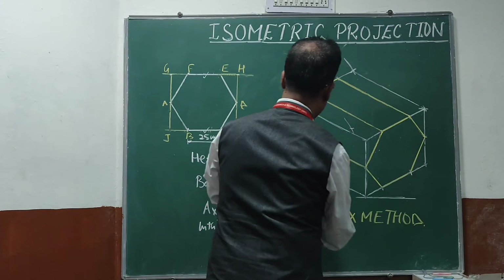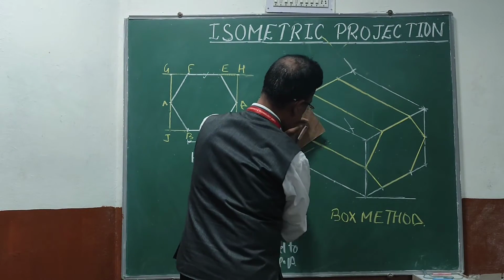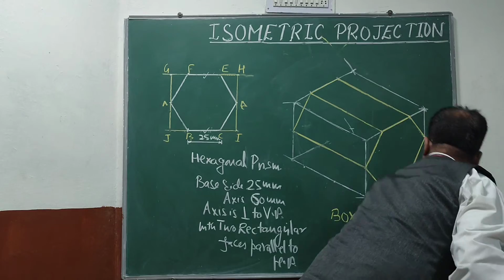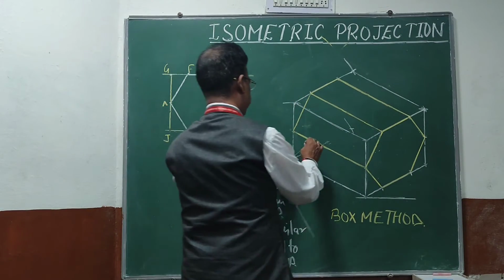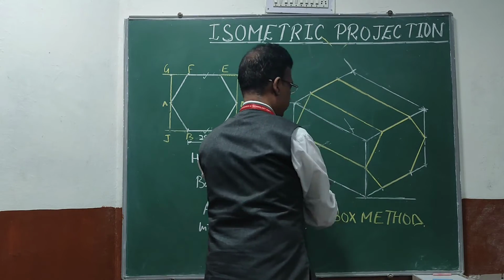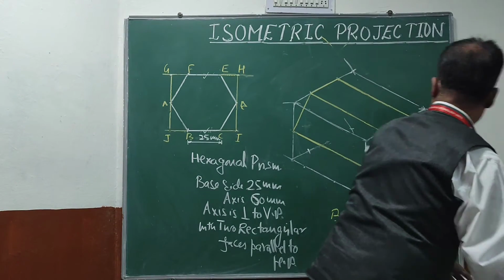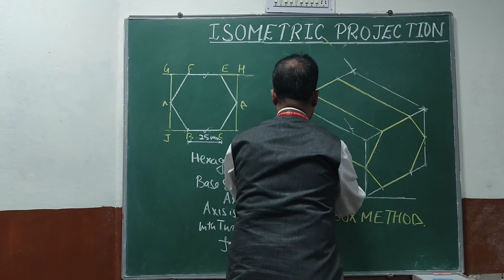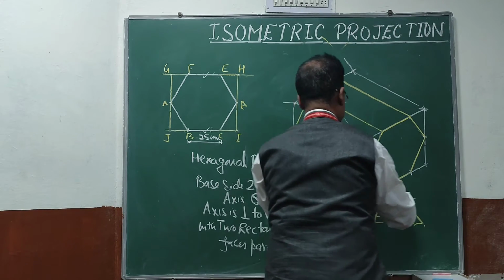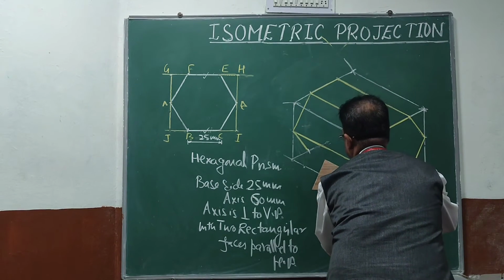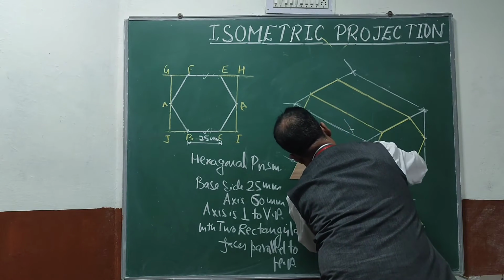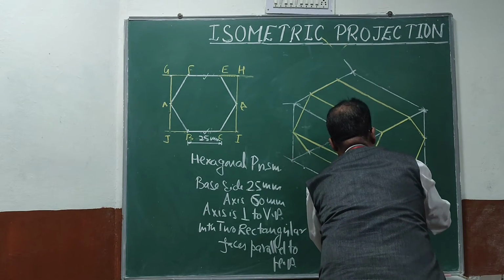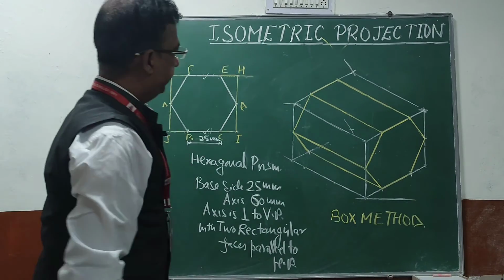Then the backside line, that is again at the same distance, that is this distance. So that is the point from this, and join this with this one. Now look at the figure.